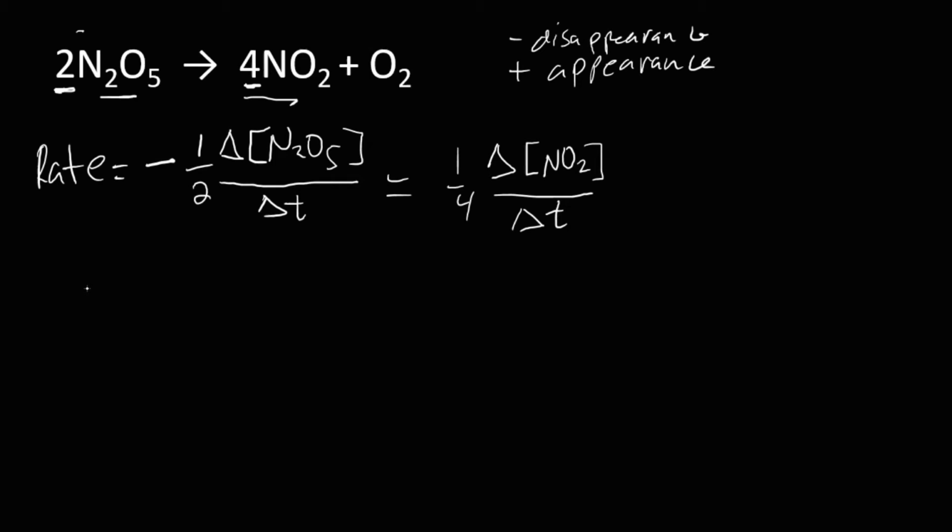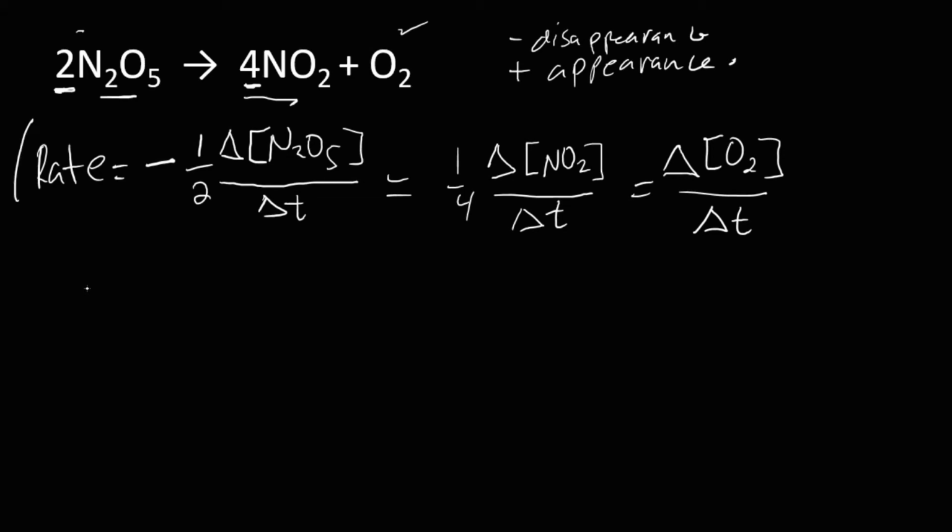So, we're not yet done. We still have one more, the O2, whose coefficient is 1. Again, this is understood as 1, but there is no need to write 1 over 1 here. So change in O2 over change in time. Again, this should be positive because it is appearance.